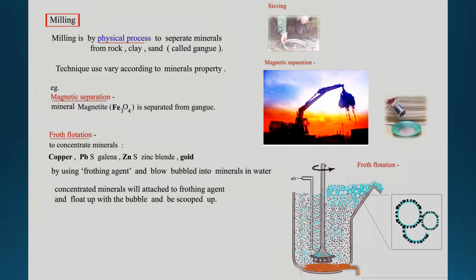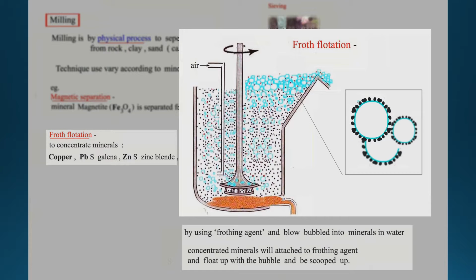Now let's talk about how they do it. This is an interesting way. First of all, they use a froth agent. This froth agent looks very much like the detergent that you use for washing dishes.